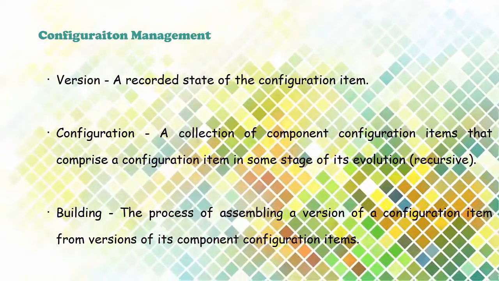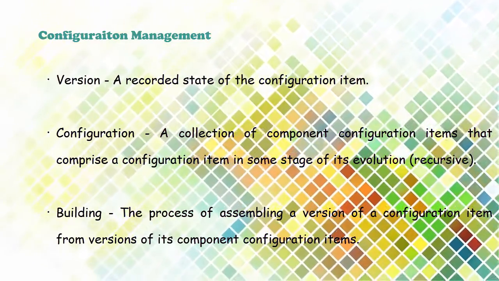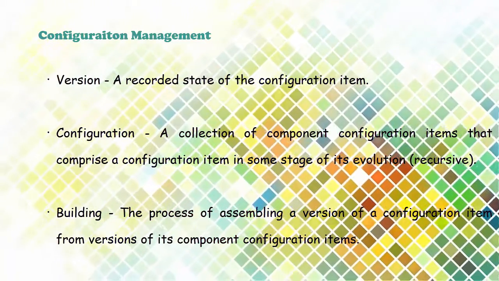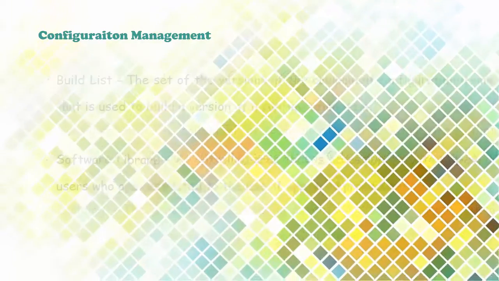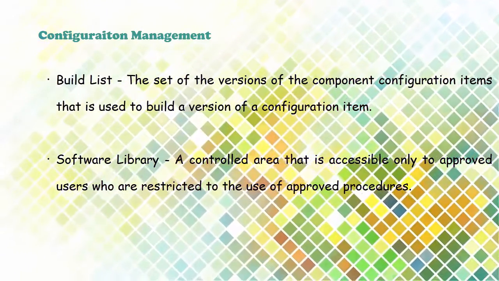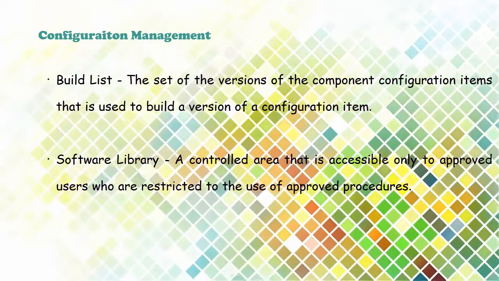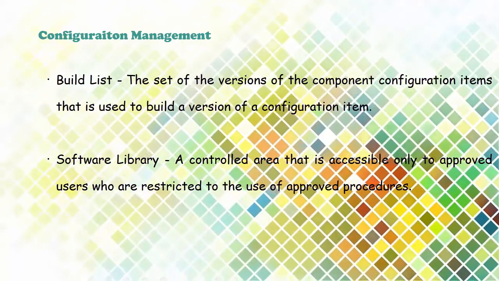Building, the process of assembling a version of a configuration item from versions of its component configuration items. Build list, the set of versions of the component configuration items that is used to build a version of a configuration item.